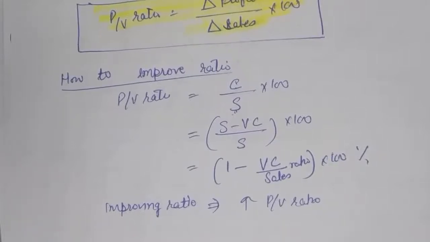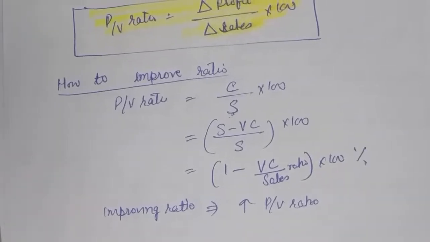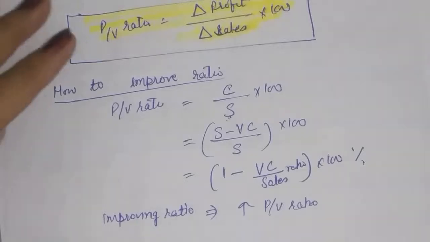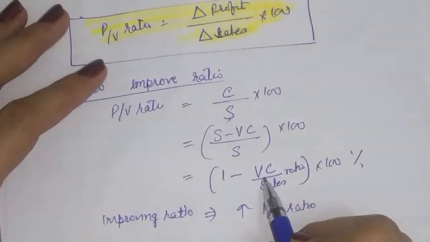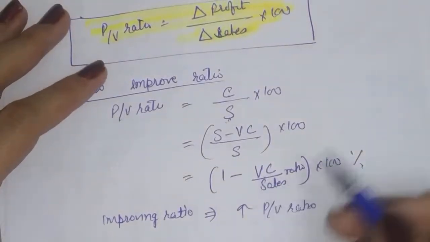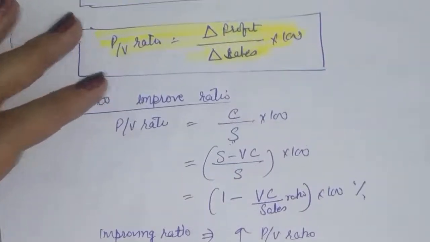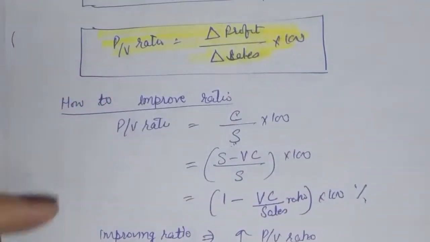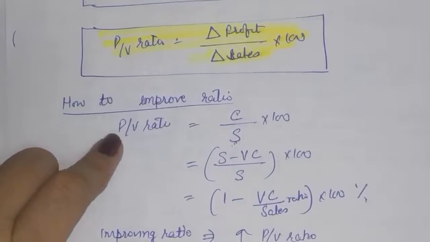So our improvement in PV ratio will imply increasing the ratio. Now, how will you increase the ratio? You can increase the ratio by controlling your cost, isn't it? If you control your cost, or if you increase the selling price, then by that you can improve PV ratio.